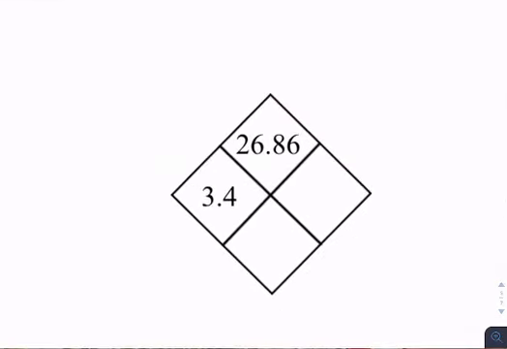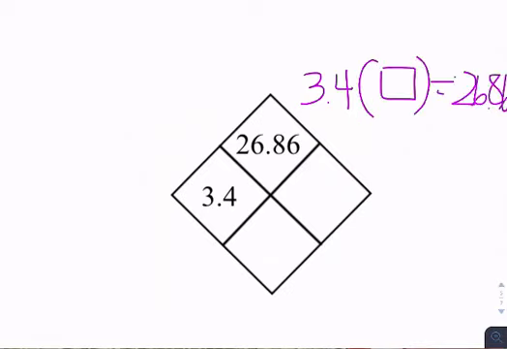Now there's always going to be some problems that don't start with the 2 numbers on the side. They don't start with our A and our B, and that is okay too. So if we have 26 and 86/100 as a product, and 3.4, 3 and 4/10 as one of the factors, we can do some dividing here, because 3.4 times some number is going to give us 26.86.